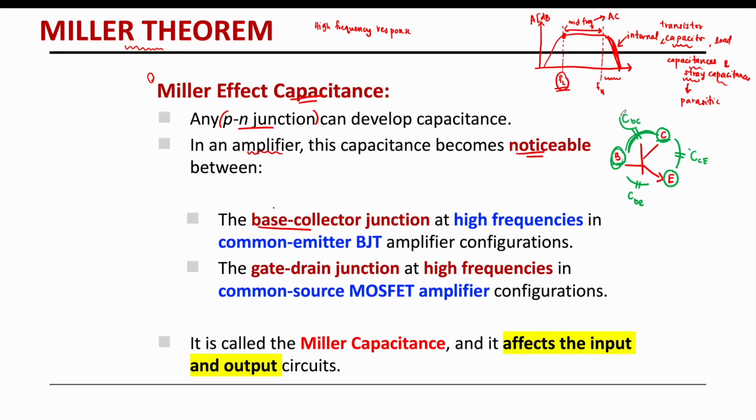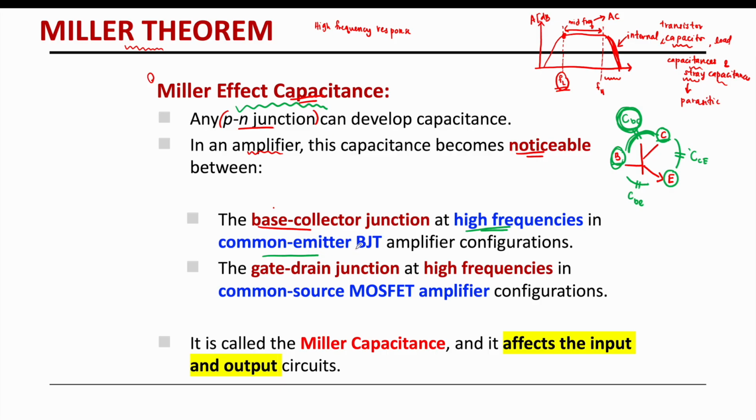If we look at this CBC, the internal capacitance between the base and the collector, this is also called the Miller effect capacitance, which is only noticeable at high frequency in the common emitter BJT amplifier only.